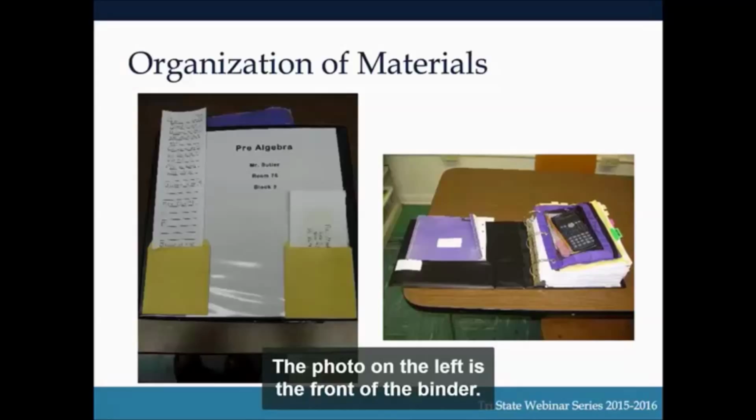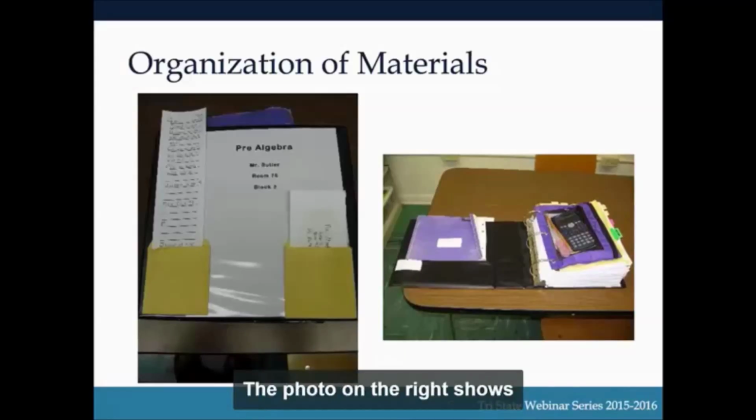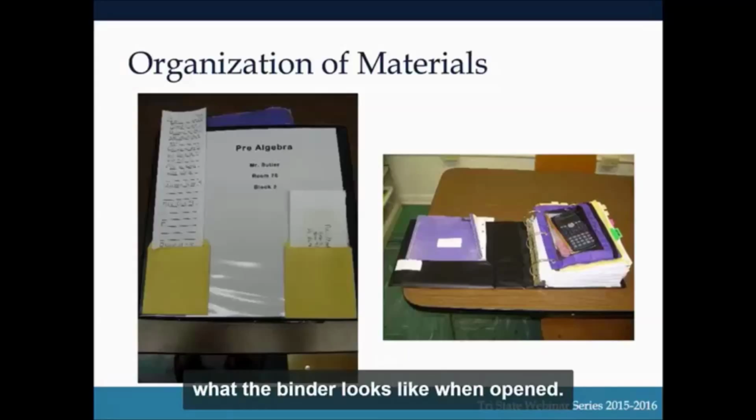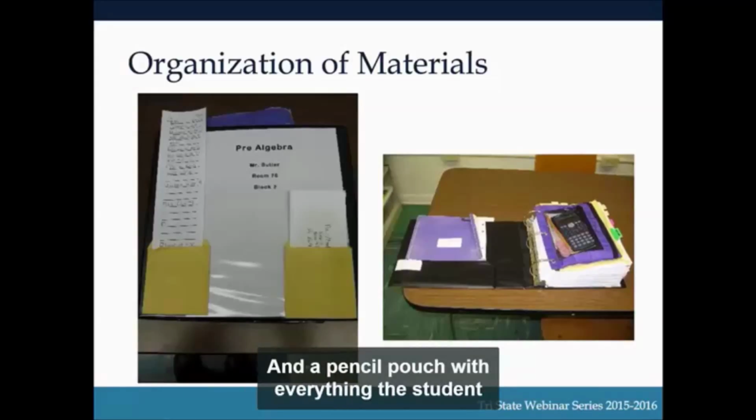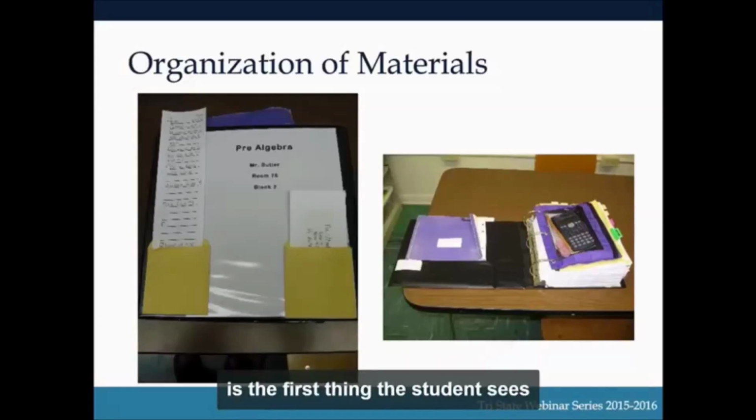The photo on the left is the front of the binder, and the photo on the right shows what the binder looks like when opened. Independent work the student will complete is in the pocket on the left, and a pencil pouch with everything the student will need for the class period contained in it is the first thing the student sees when opening the binder.